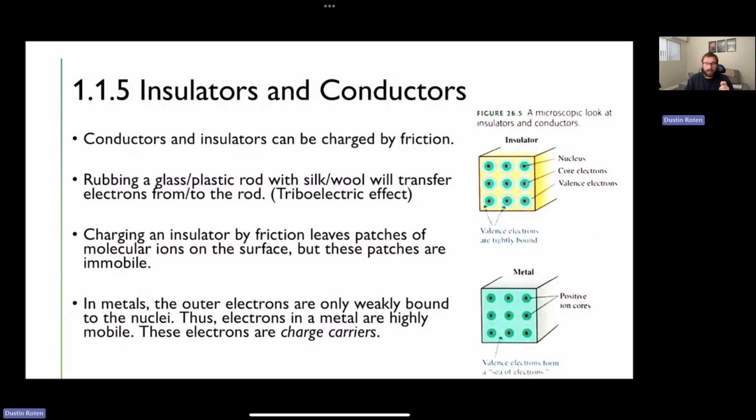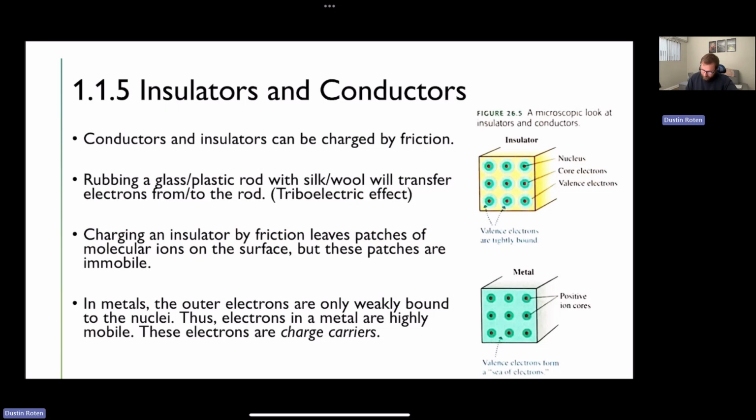Right. So we've talked about these charges, where they come from. Now let's talk about where we can put them. So we have conductors and insulators. Conductors are called conductors because they're really good at moving electrons around. Insulators are called insulators because they're really bad at moving electrons around.